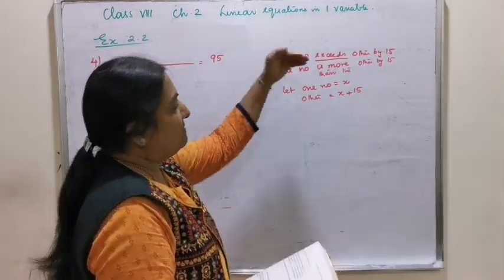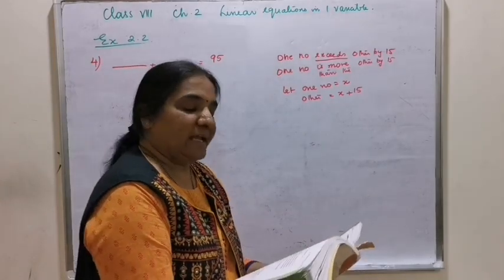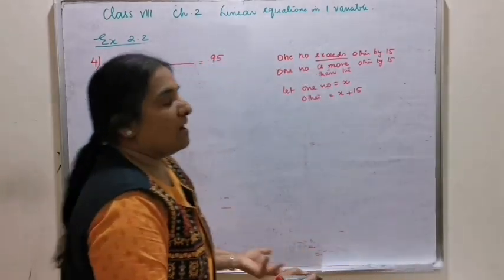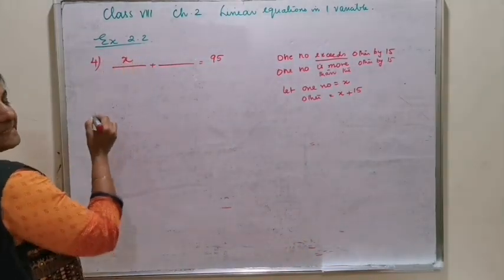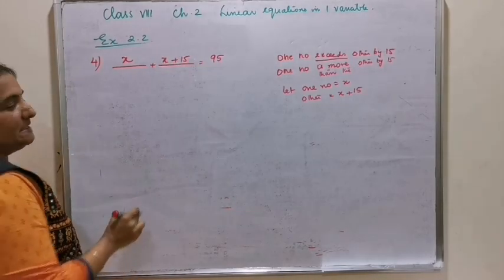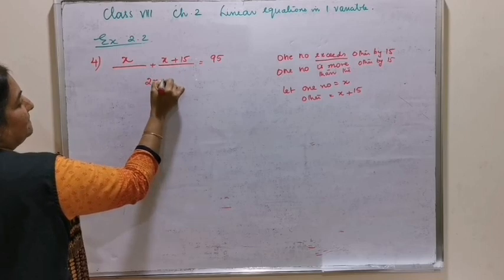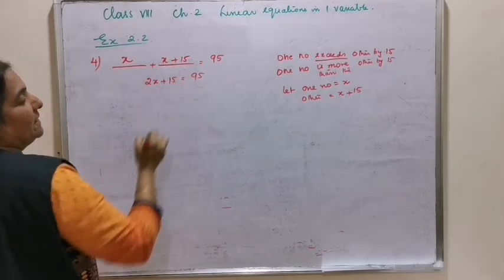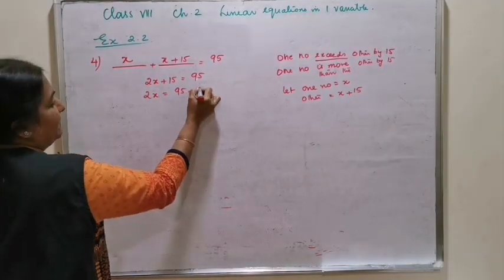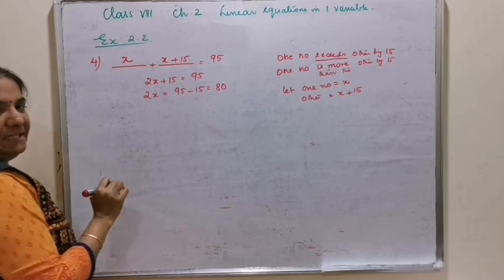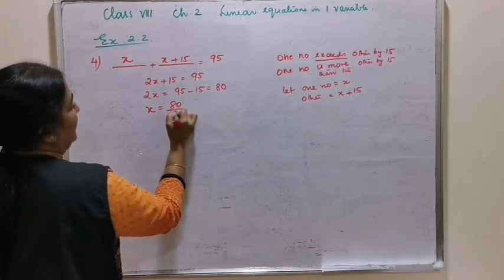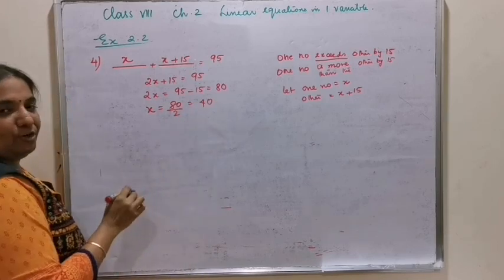So one number is more than the other number by 15. If one number is x, the other number is x plus 15, and their sum is 95. So how do you form the equation? x plus x plus 15 is equal to 95. 2x plus 15 is equal to 95. 2x is equal to 95 minus 15, 80. x is equal to 80 divided by 2, which is equal to 40.